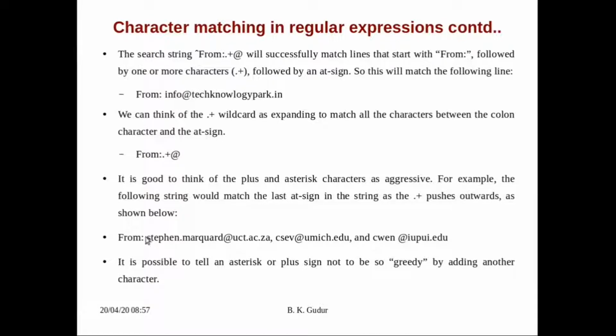While matching from the colon and later looking for an at, it will match the last at symbol. It expands aggressively till the end. It may stop at an earlier at, but it doesn't stop there. Instead, it goes up to the last one and matches that at, considering everything before it.